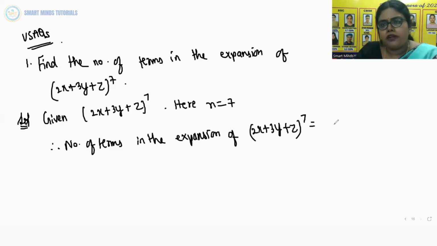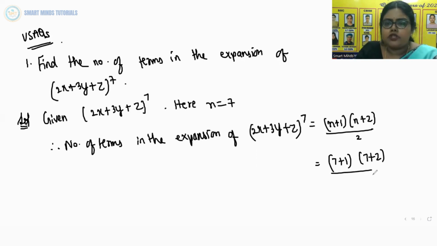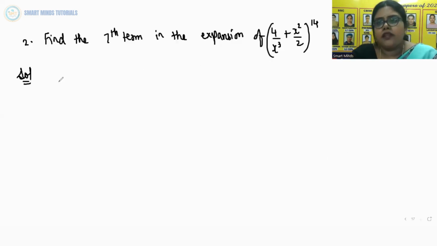If you have three terms in the expansion, then the formula is (n plus 1)(n plus 2) by 2. Here n is equal to 7, so we get (7 plus 1)(7 plus 2) by 2, that is 8 into 9 by 2. 2 ones are 2, 2 fours are 4, 4 nines are 36. 36 is the answer. So take the next question.